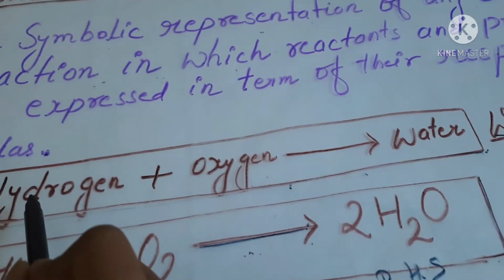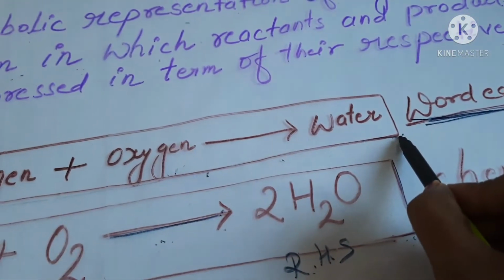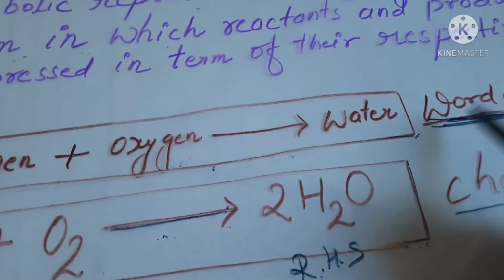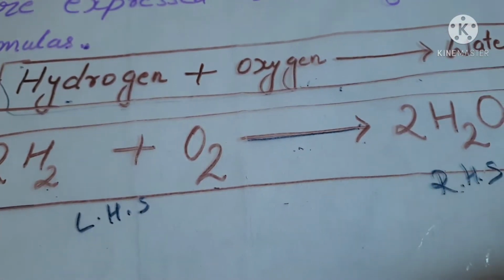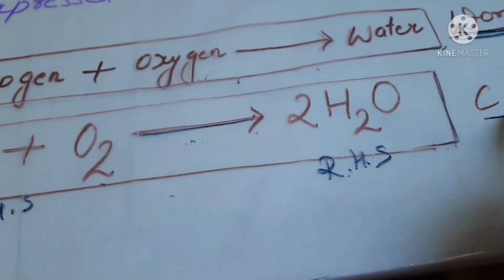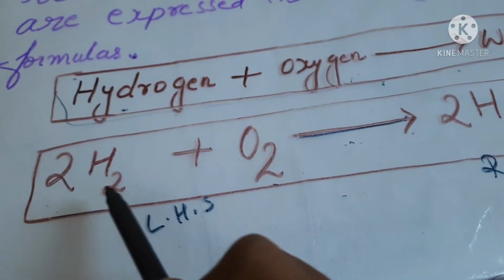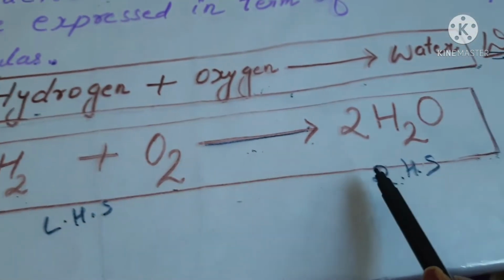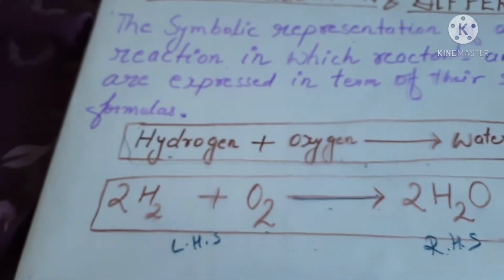So, hydrogen reacts with oxygen to form water. And this one is the word equation. But when a word equation is represented by symbols and chemical formulas, then it is the chemical equation. It will be the chemical equation, like 2 molecules of hydrogen react with 1 molecule of oxygen to form 2 molecules of water.